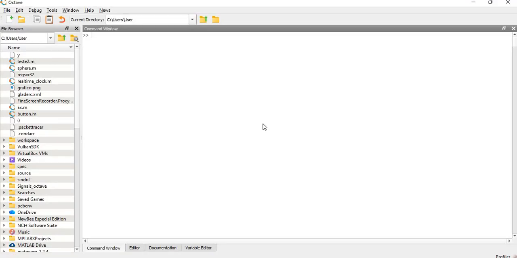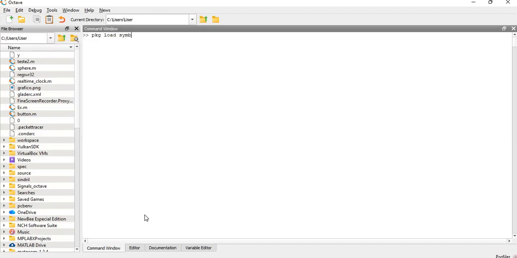Okay, now open up your Octave, and first we can clean the Octave's memory. So type clear all and clc to clean the command window. Now type pkg load to load the package, and the package is symbolic.